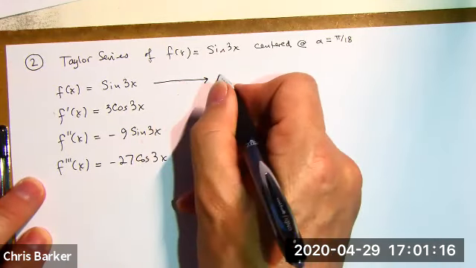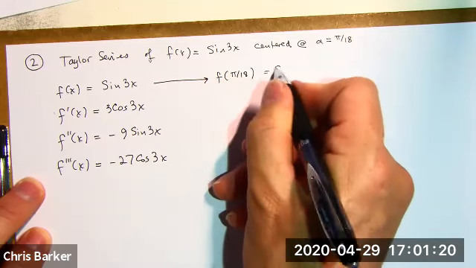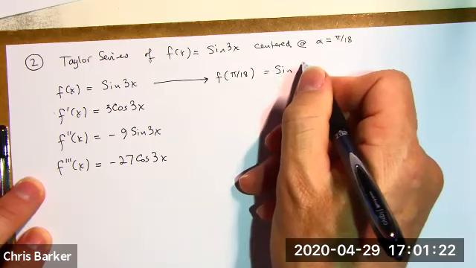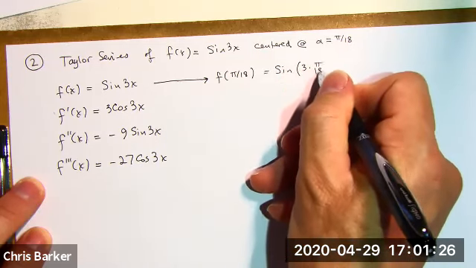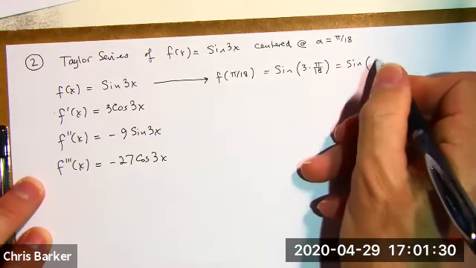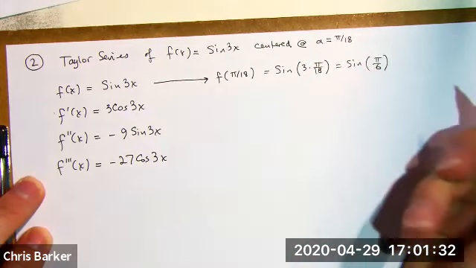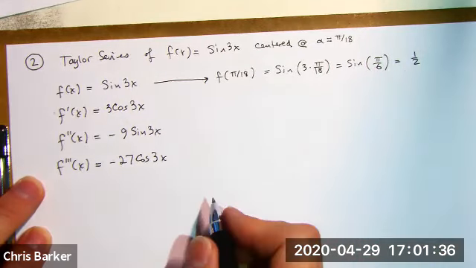All right, so what is f of pi over 18? Let's go into the sine of 3 times pi over 18. But that is the sine of pi over 6, isn't it, if you reduce it? And that's 1/2. We know that from memory.